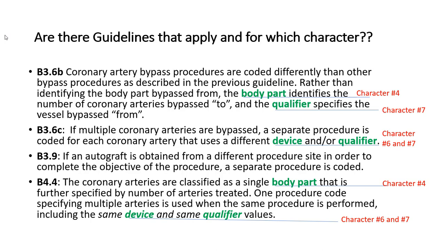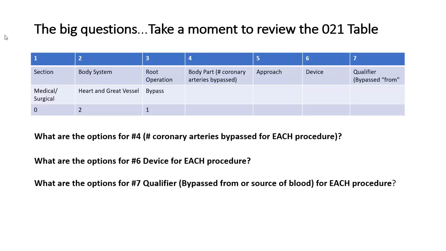So we've looked at our guidelines. We know which characters are impacted by those guidelines. So now let's look at the table. We know it's a med-surg section. We know it's the heart and great vessel body system, and we know the root operation is bypass. So we look at that table and we're going to say, what are the options for character number 4?